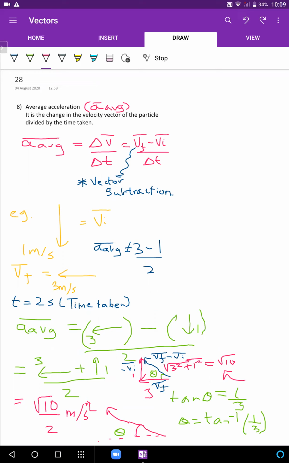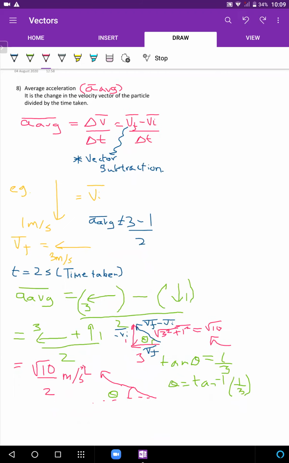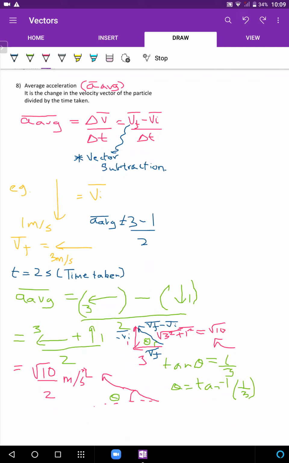तो यहाँ पे you see this kind of rough work that's over here, that's just basically me adding these terms. Okay, so how would I add them? I'm sure you know how to do that. यहाँ पे है ना, तो this 3 and 1 को हमने head to tail join किया. Head to tail join करने में कुछ तो resultant आ गया. Okay, resultant आ जाएगा root 3 square plus 1, that's root 10 आ जाएगा resultant.